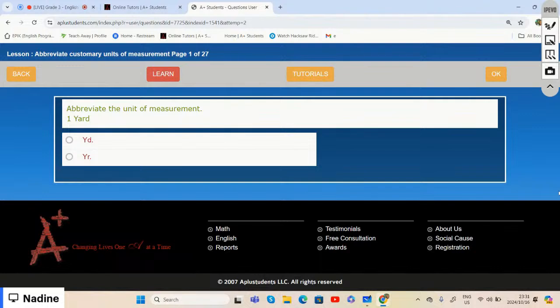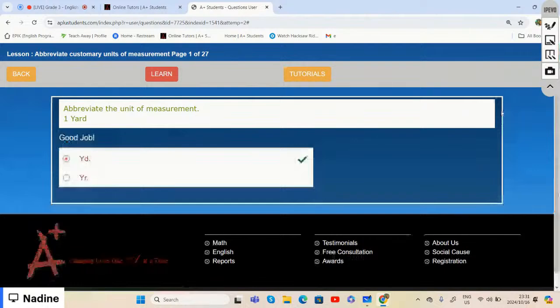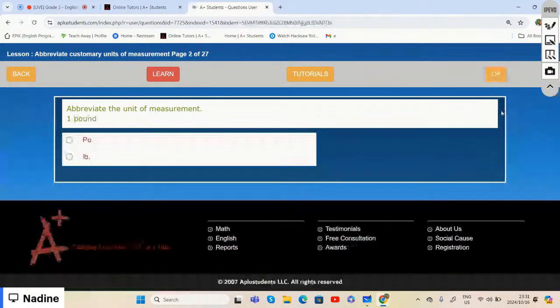So is it option one or option two? All right. And if we were to select the correct answer for 1 yard, then option one is correct.